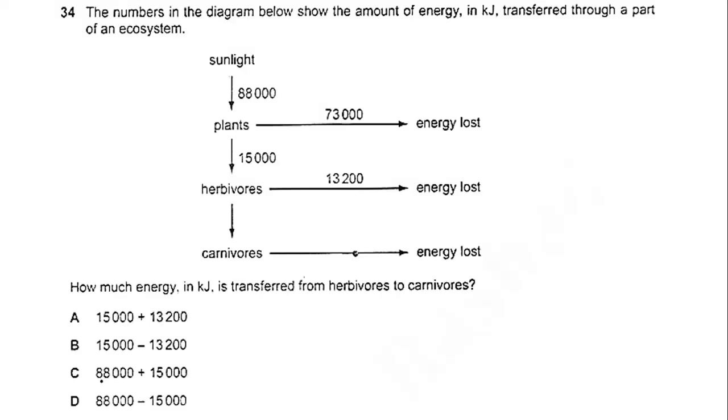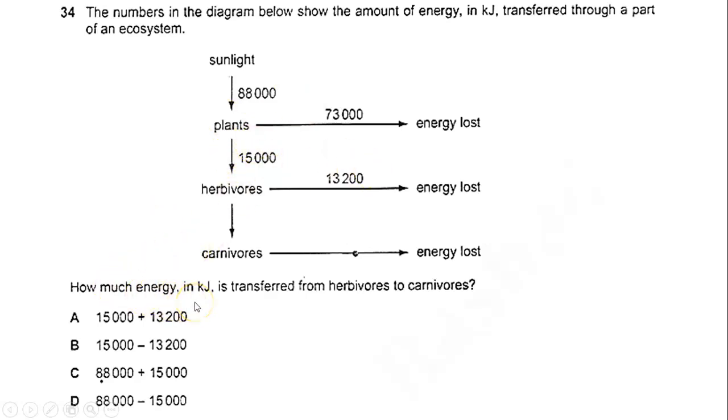The numbers in the diagram below show the amount of energy in kilojoules transferred through a part of an ecosystem. So light energy transferred to the plants is 88,000 kilojoules. Some of the energy is lost, 73,000 kilojoules. Now, these are the representations.